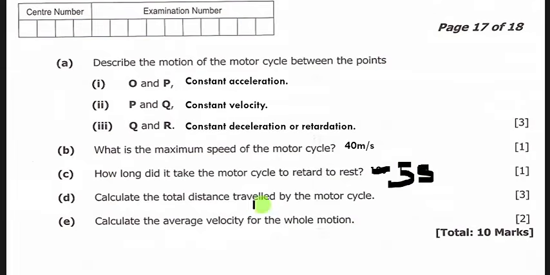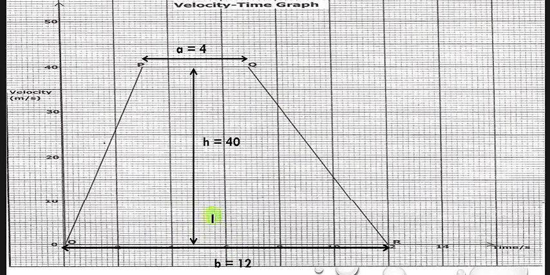Then calculate the distance traveled by the motorcycle, where I said the distance will be equal to the total distance, area under the curve, which uses the formula of a trapezium, a plus b times h. I said this one, a plus b. When we come here, from here to here, a is from here.